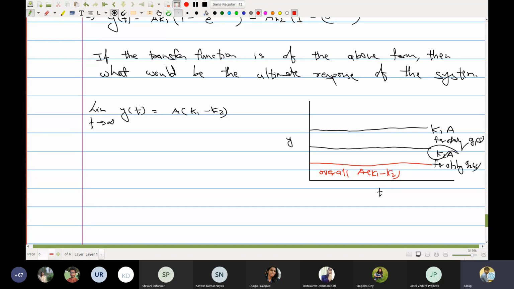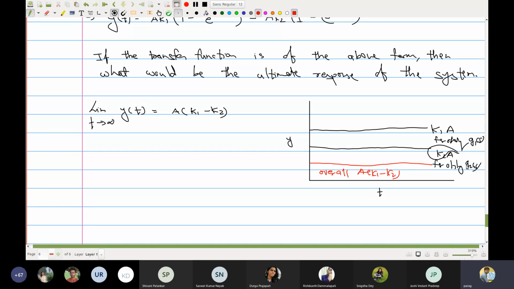So what's going to happen now? You need to know one thing, that till now we were focusing on the dynamics in terms of the fastness or slowness or sluggishness of the response. We did not bother much about the ultimate magnitude of the response. Now you have a system in which you have a main mode which supports the dynamics.